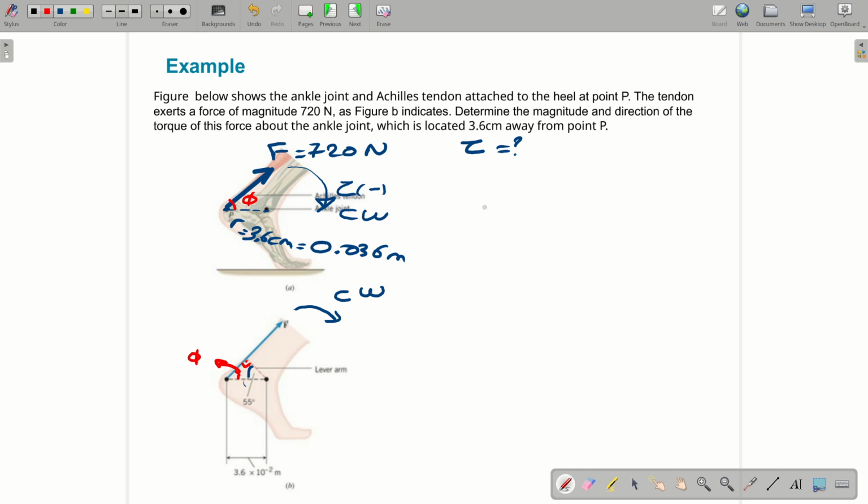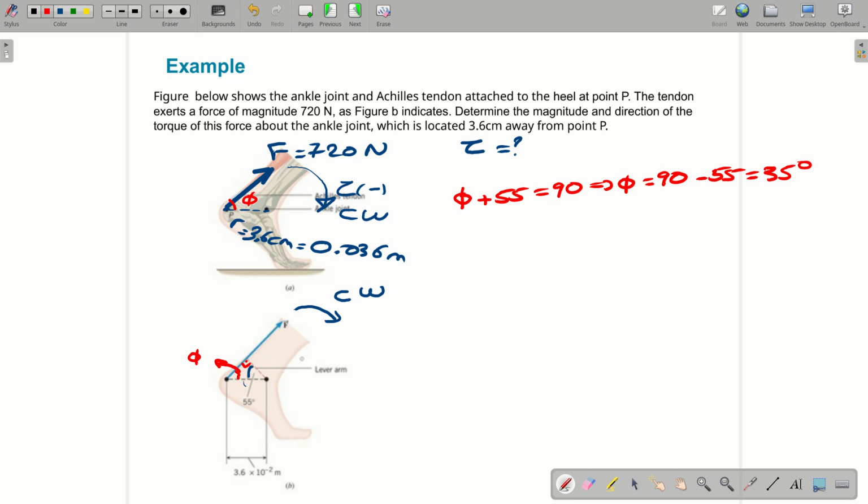We can find phi from there. Phi plus 55 is equal to 90. So phi is equal to 90 minus 55, which is 35 degrees.